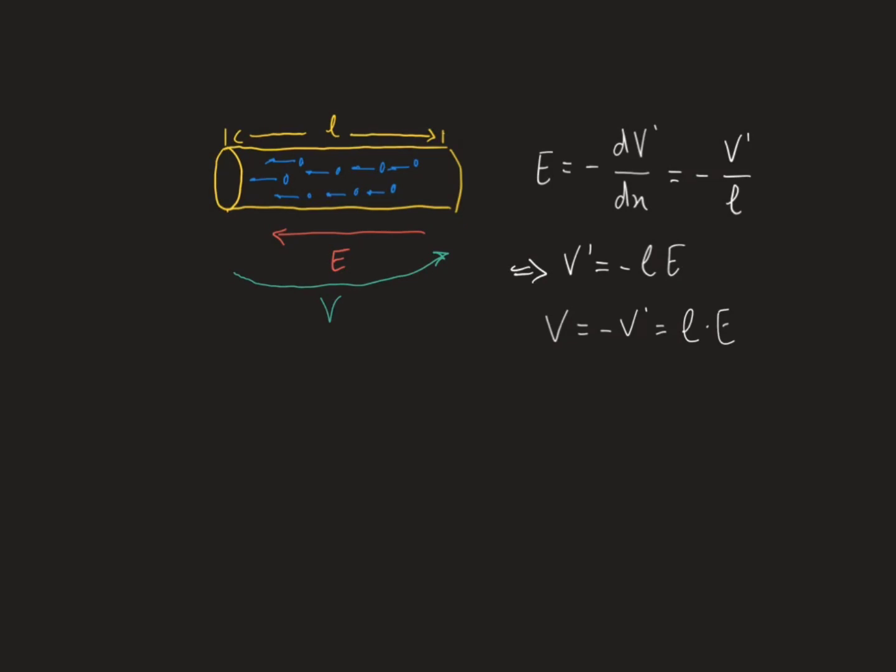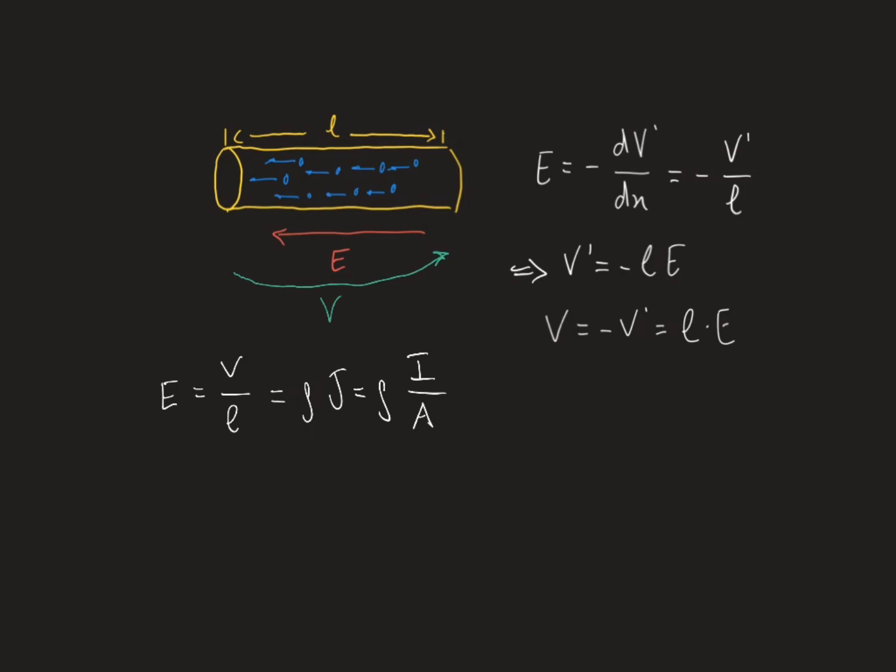From the last equation, we can write again E as the potential V divided by the length of the wire L, but we know also that E is the resistivity times the current density, or the resistivity times the current divided by the area of the section of the wire.